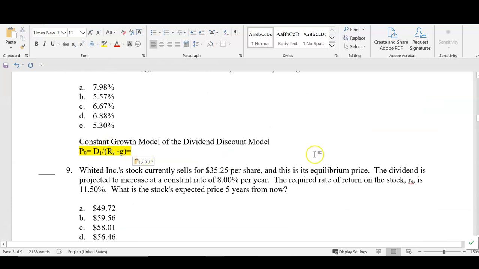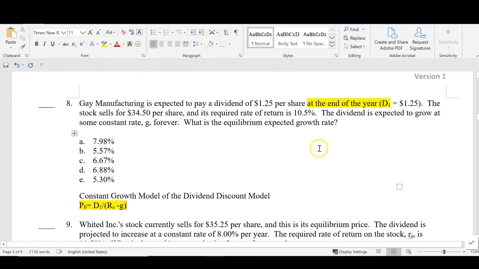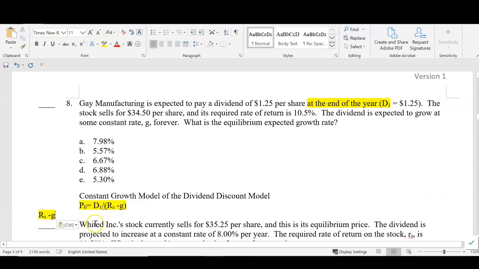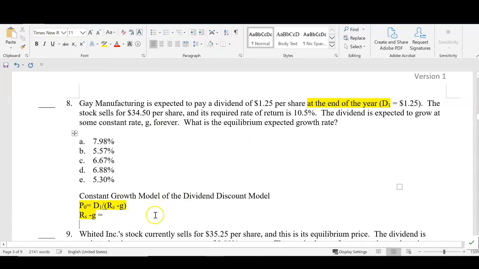P0 equals D1 over RS minus G. Let me do it step by step. So RS minus G becomes D1 over P0, right?